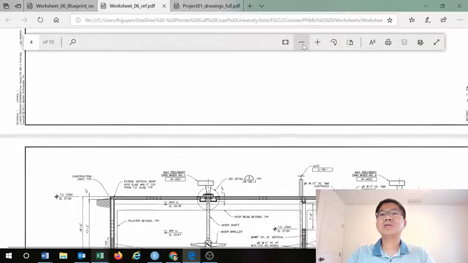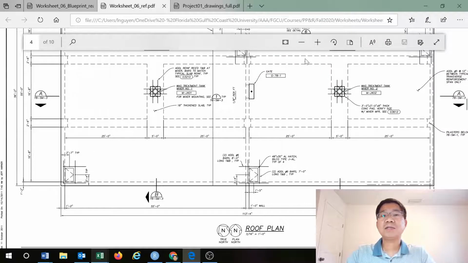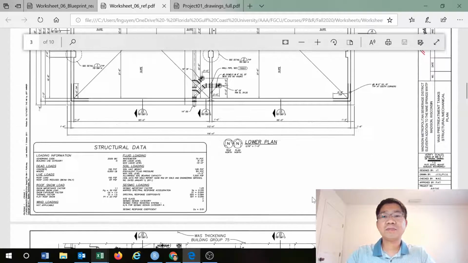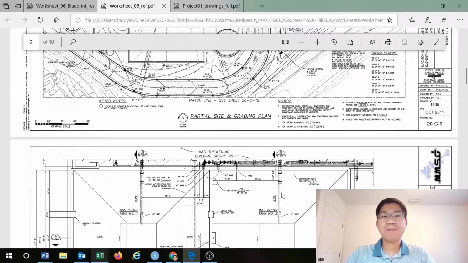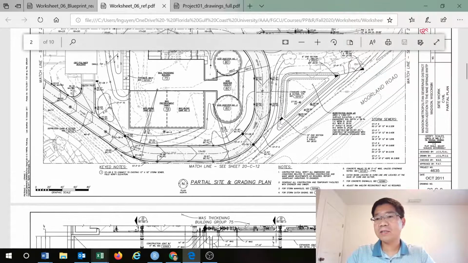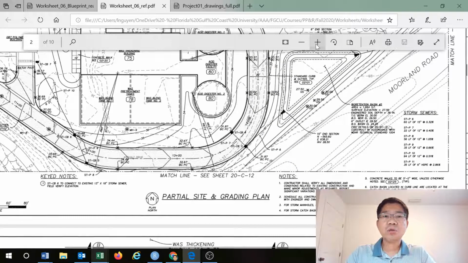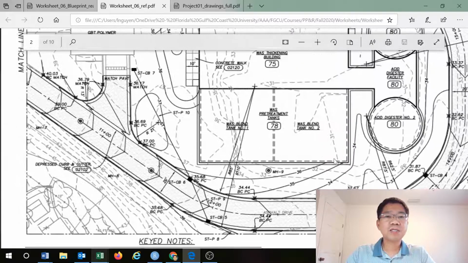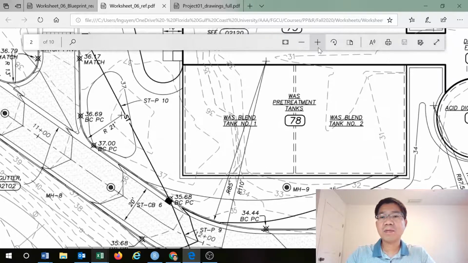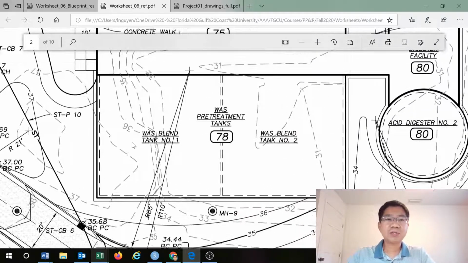We need to go to the civil drawings, go up, and that one here. You go to sheet 20 C9 and the contour map. If you studied surveying, you know what I'm talking about. This is the contour map, and it shows the elevation.